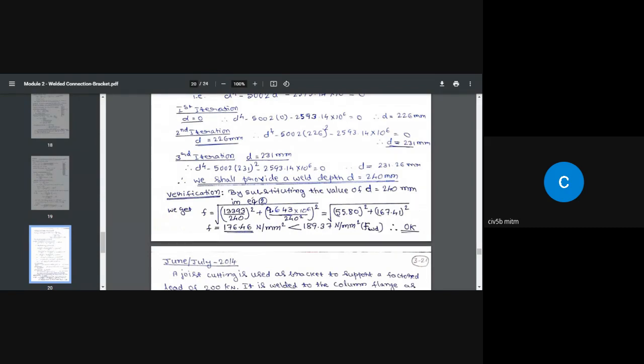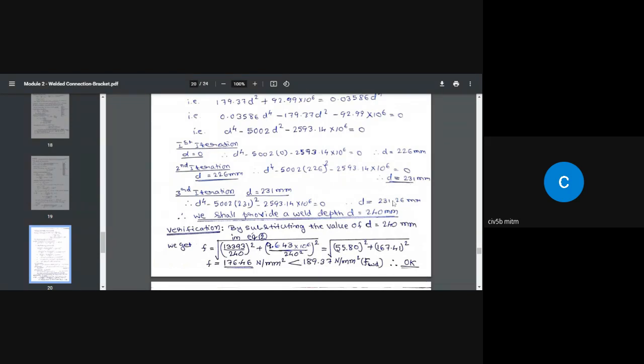So we can find out the depth of the weld or depth of the bracket plate in two ways. One is the easiest way. This one is a little bit longer. You are supposed to know how to do the iteration part. Of course, iteration is not so difficult. This way, if you provide exactly 231.26 or 231.33 of the weld and find out what is the F value, you are going to get this value almost equal to 189.37.